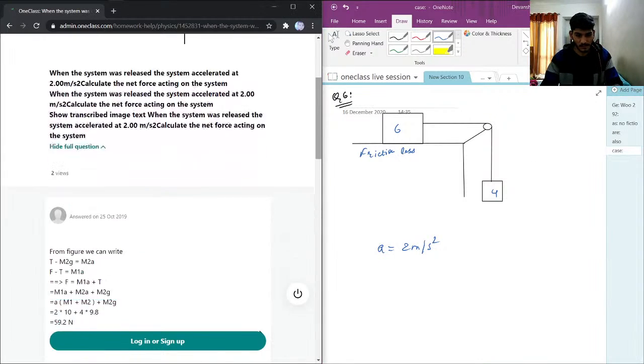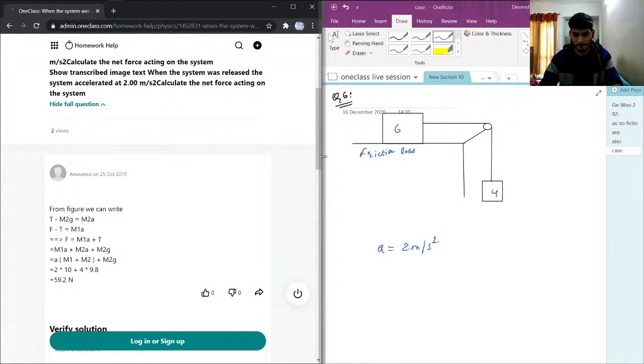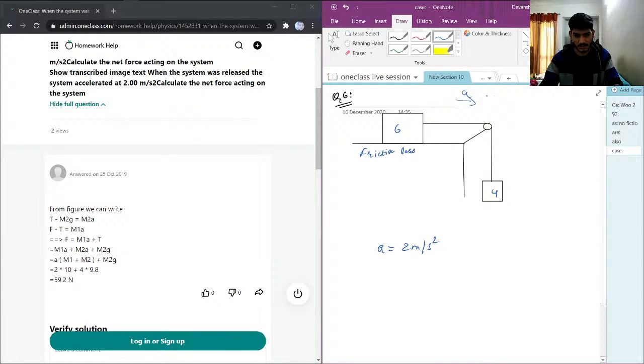Then we need to form the equations. This whole system is moving with an acceleration, so here there will be an acceleration a, and here also an acceleration a. Talking in terms of forces, this will be m. This will be the tension.